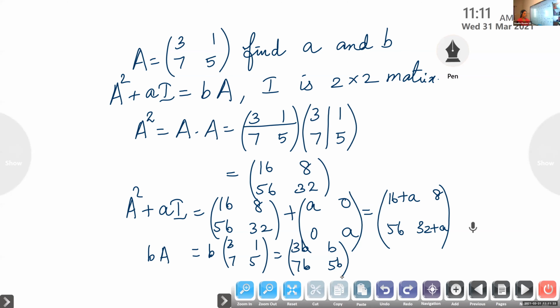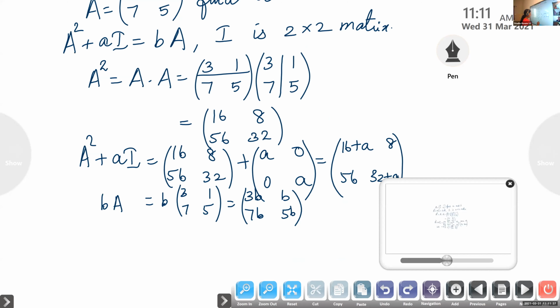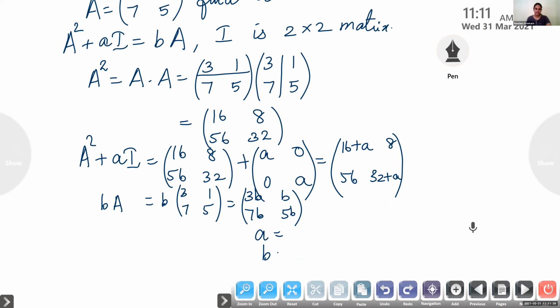Nandana, can you give me the value of a and the value of b? Doing it. A is 4. I've not completed it. Okay, calculate it.